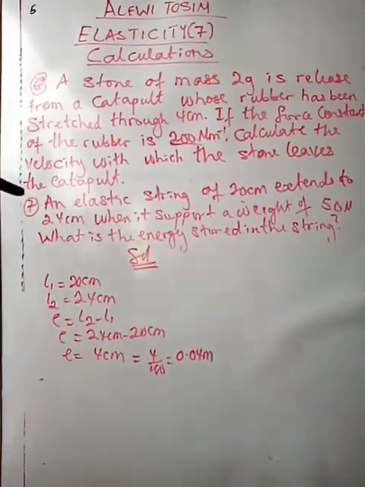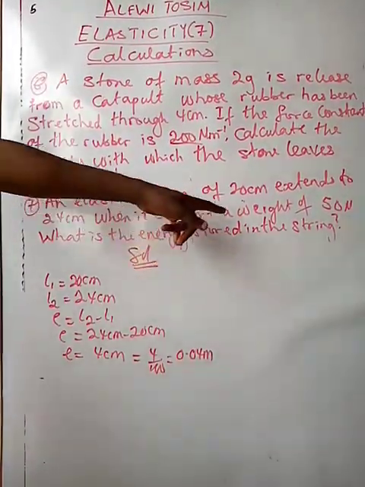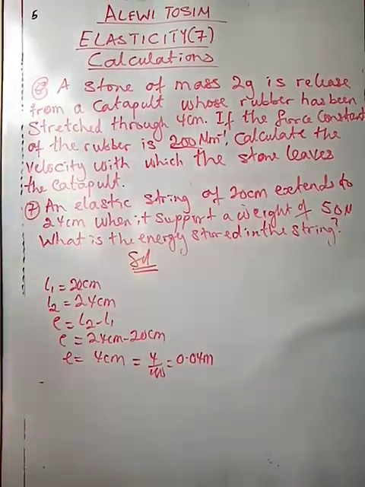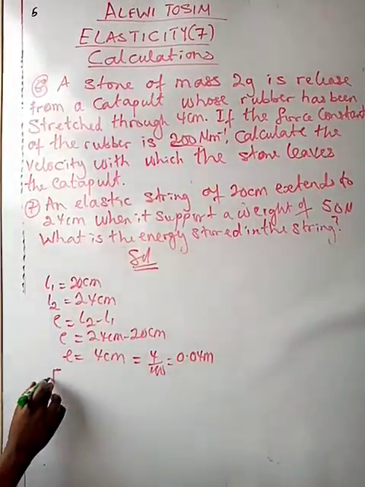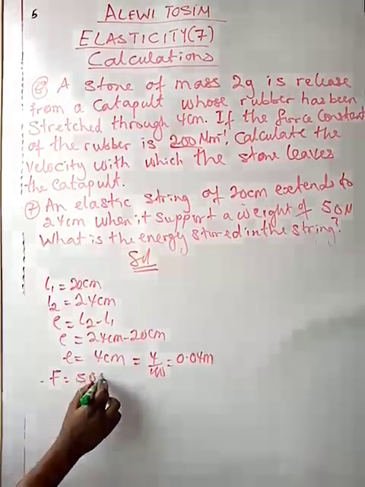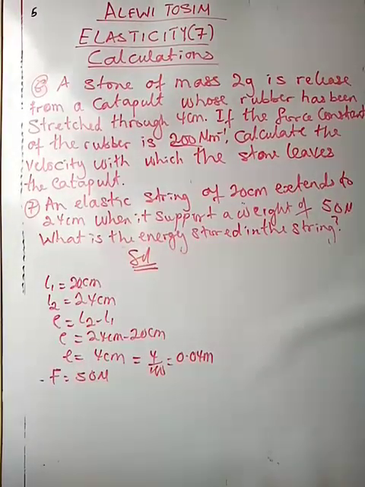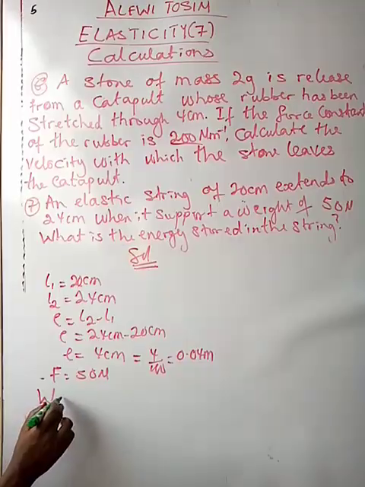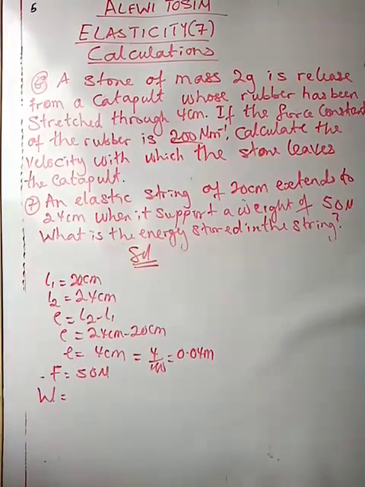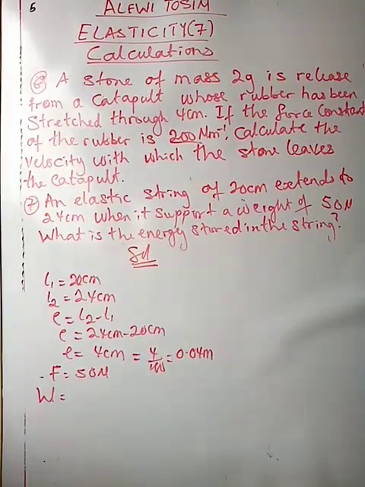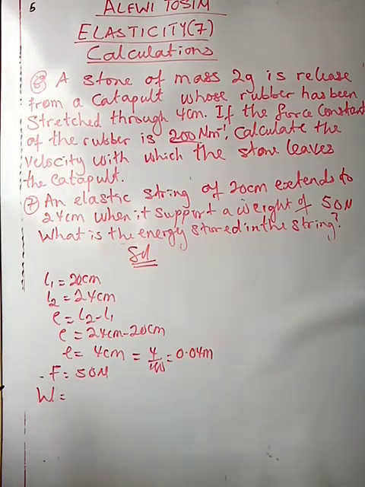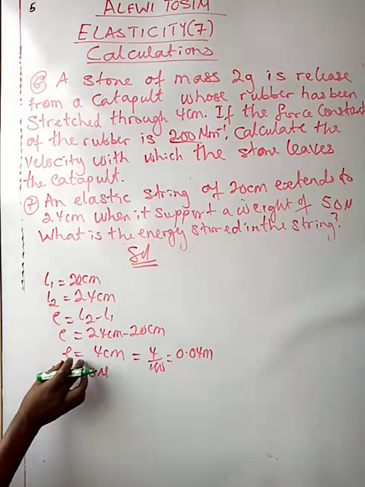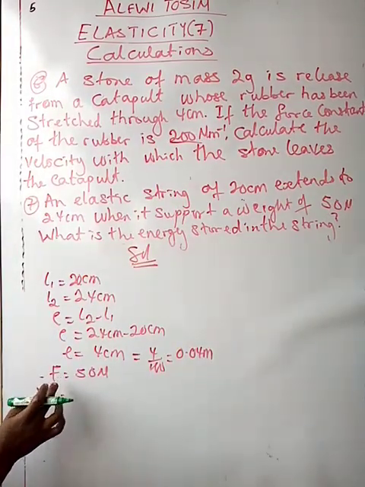The next one, they said, when it supports a weight of 50 Newton, that means our force is 50 Newton. Now we are told to find the energy stored. Energy stored has two formulas for elastic energy: either half ke squared or half fe. In this case we are using half fe because we are given the extension and the force applied.